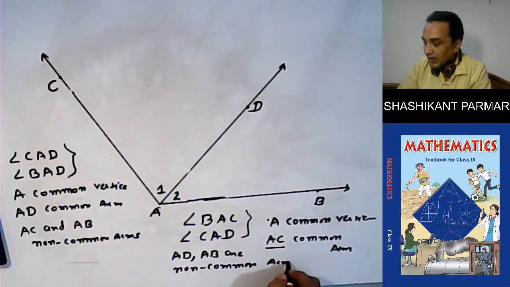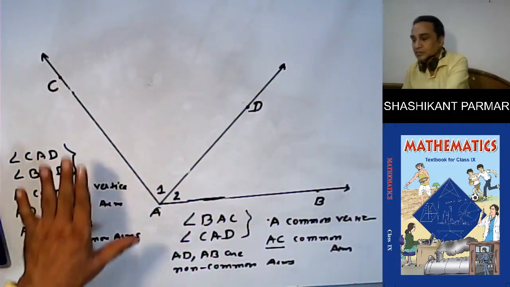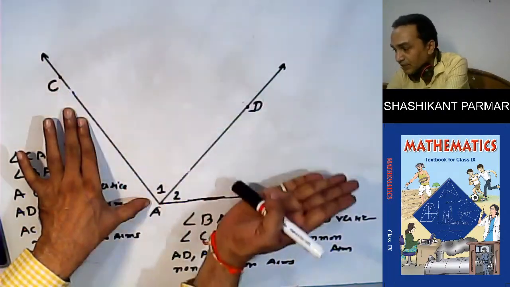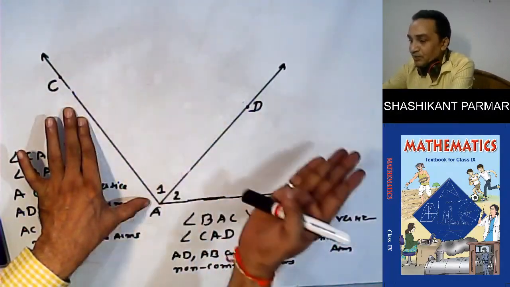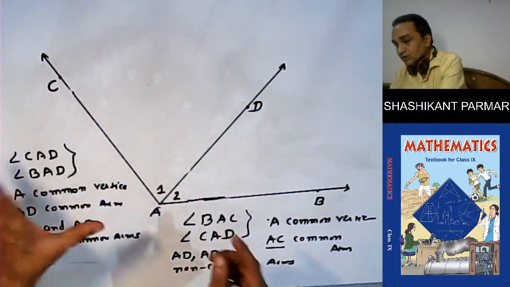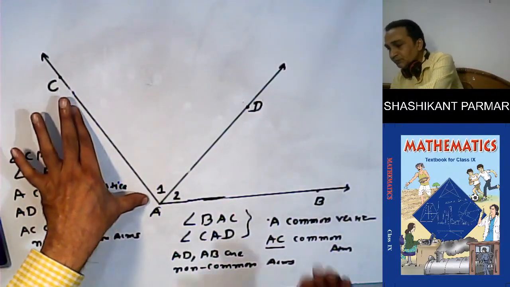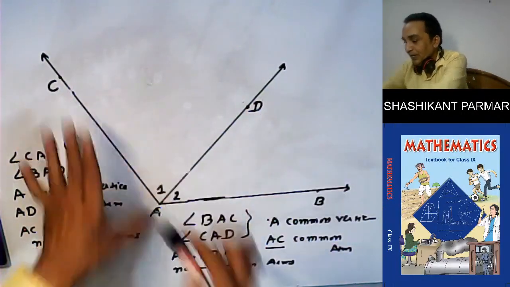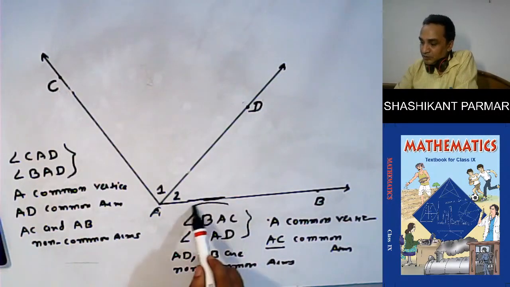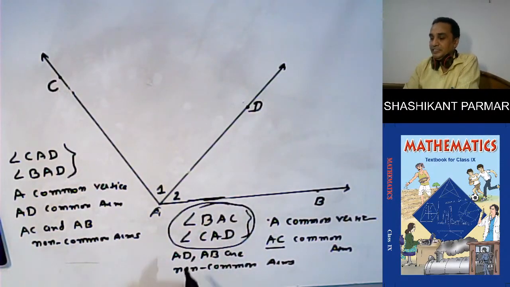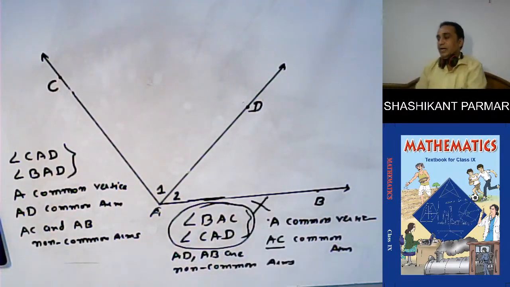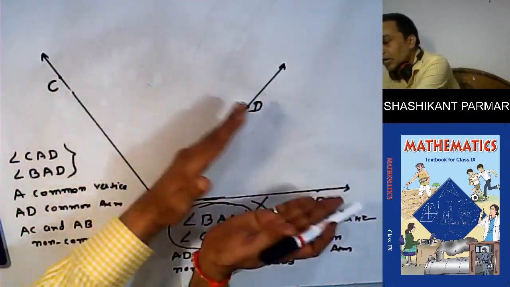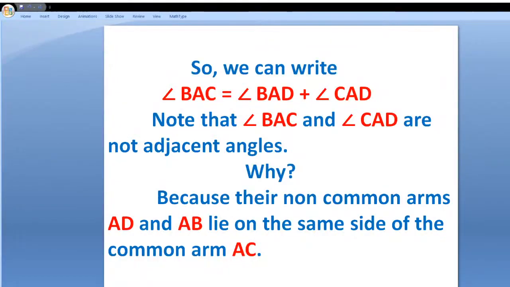You see, AD and AB are on the same side of AC, not opposite sides. The common arm is AC, and AD and AB are on the right side of AC, and that's why these two angles are not called adjacent angles.